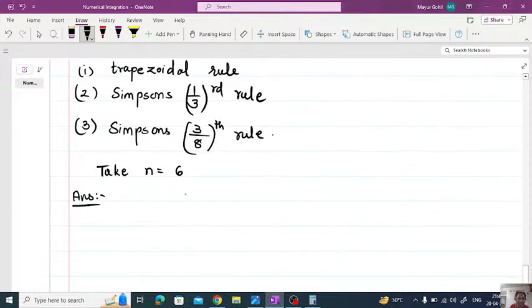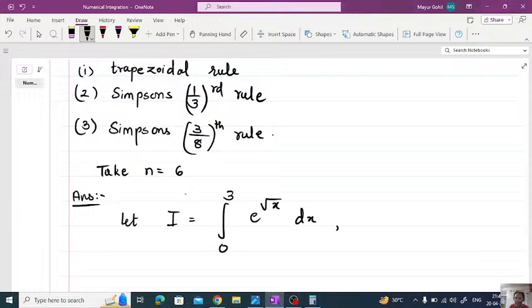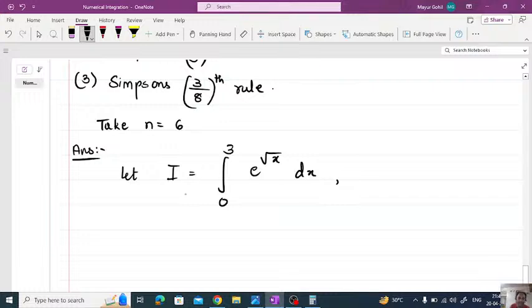Trapezoidal rule. Let I equal to the integral from 0 to 3 of e to the power root x dx. Write down here, your lower limit is a equal to 0, b is equal to 3, n is 6 given.